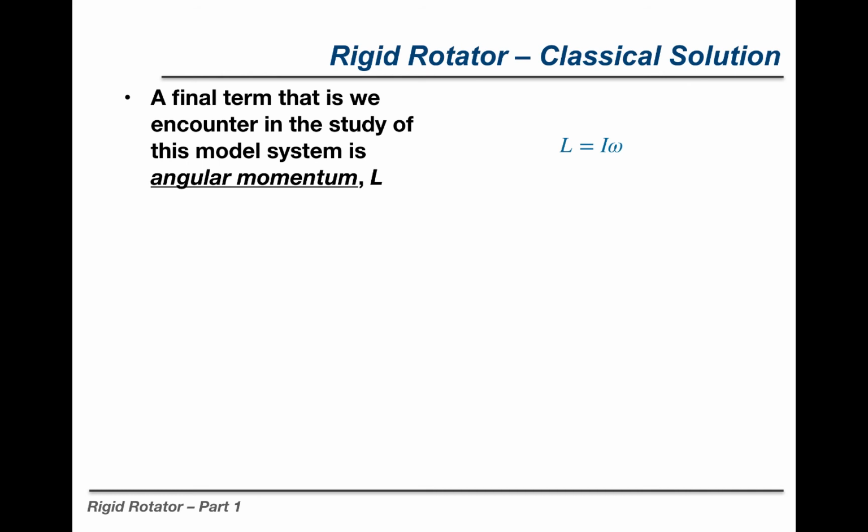Now, if we carry all these manipulations out and we make these different substitutions, and we're effectively trying to move from a two-body problem to an effective or pseudo one-body problem, it also makes sense to think about what the right way to think about momentum of this effective one body is. And the easiest way we have to do that is to think about something called angular momentum. Remember, our system is constantly going around a sphere.